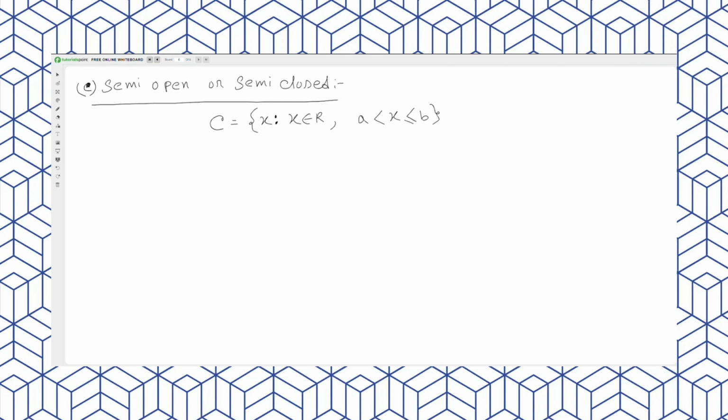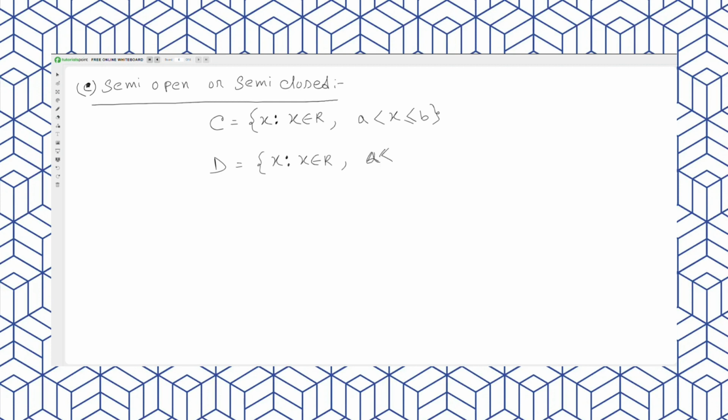Now the last type of interval is called a semi-open or semi-closed interval. Let's take some examples. One is set C that equals {x such that x belongs to R and x is greater than a and less than or equal to b}. That could be written as (a, b].